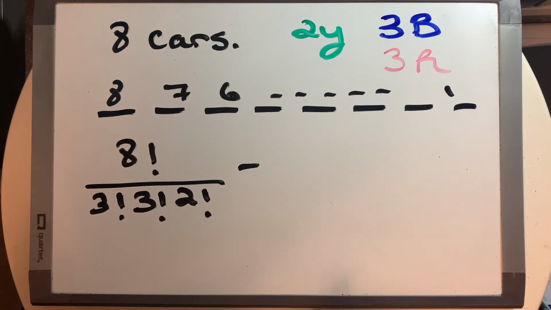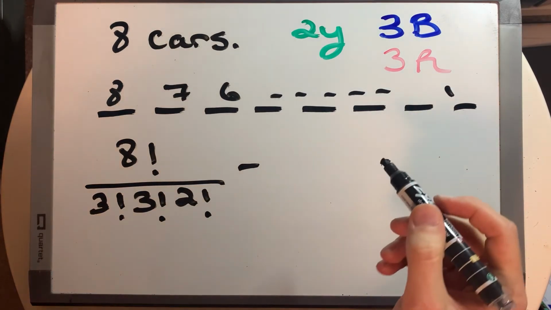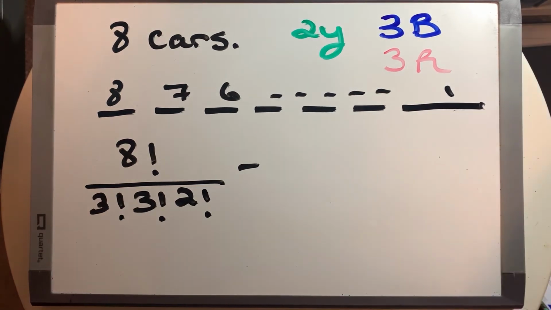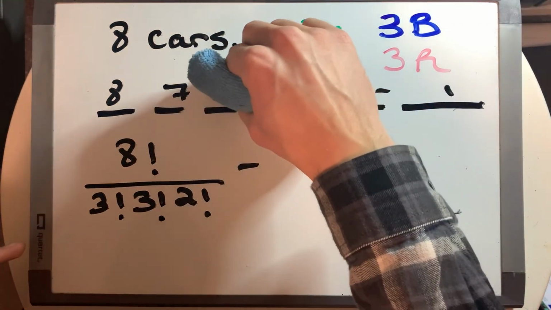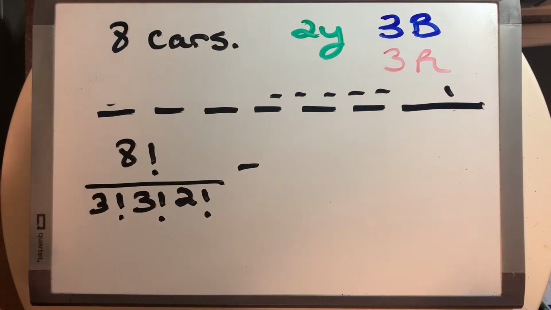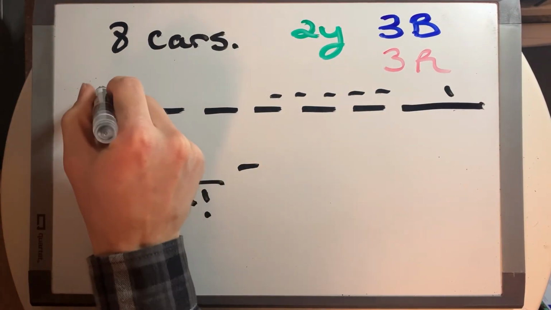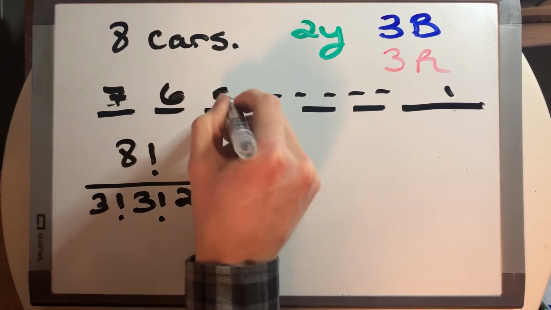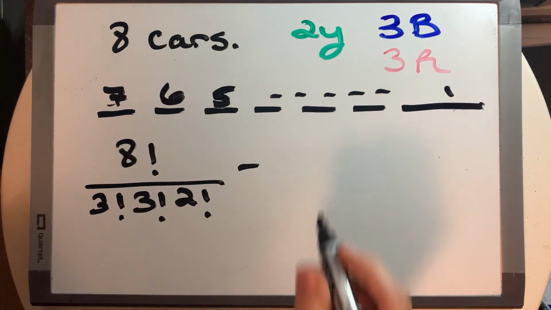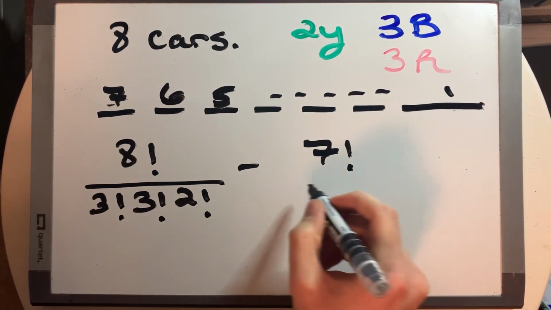Now, this is the total arrangements, ignoring that the yellows can't be together. So we have to find the total, then take away the cases where they are together, and that will give us the arrangements where they aren't together. Let's combine the 2 yellows into 1 block, which reduces the total number of items. In the case where they are together, we have 7 factorial, 7, 6, 5, down to 1, since we only have 7 blocks to arrange.